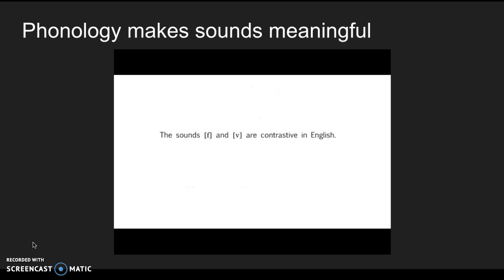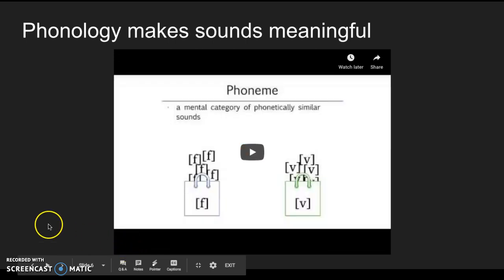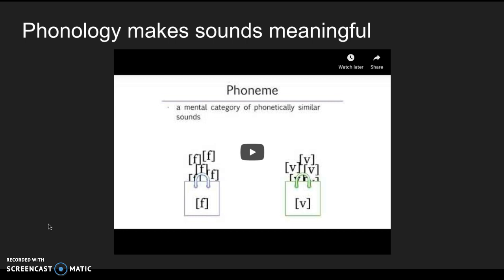And if two sounds are contrastive in a given language, then those two sounds are considered two different phonemes in that language. So, f and v are different phonemes, whereas the two L's, voiced and voiceless L's that we saw earlier in please, are not considered different phonemes.